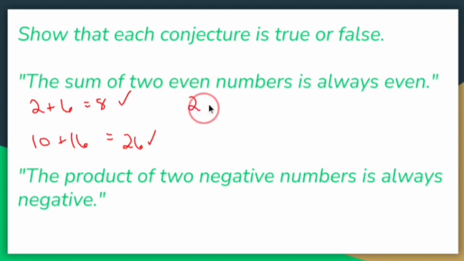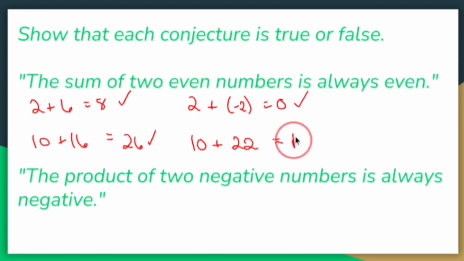How about 2 plus negative 2 is 0, which is technically even, check. So it looks like no matter what 2 even numbers I add, it's going to be even no matter what. So is this a true statement? Yes, it is.